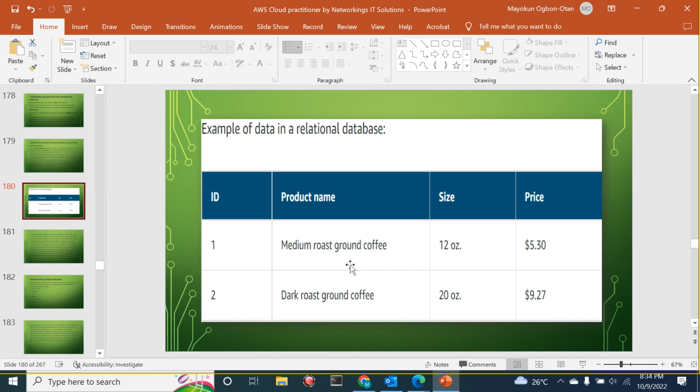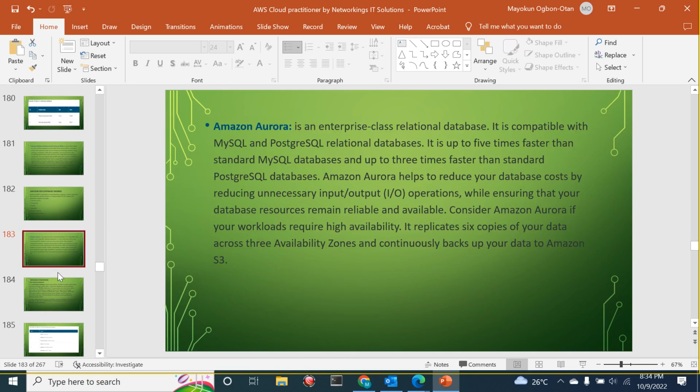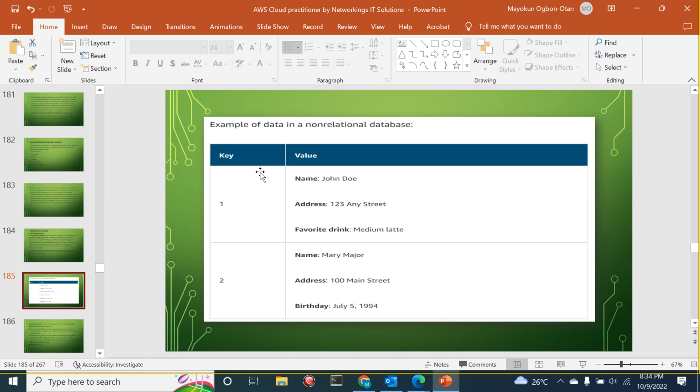While a non-relational database stores information in the form of documents or pages. You see it here, just like a document. And relational databases are what we call SQL. They are structured query language, while non-relational database is none or NoSQL.